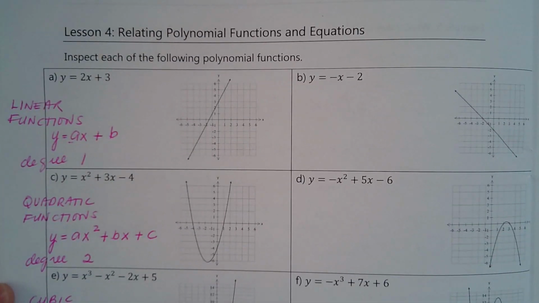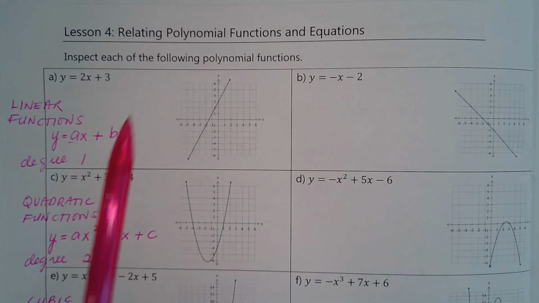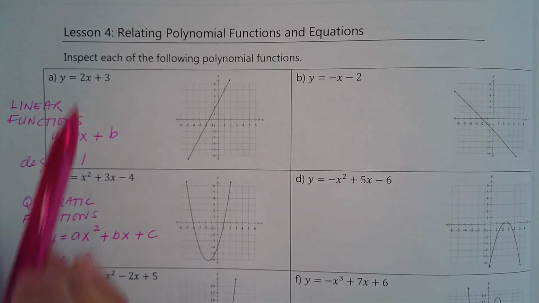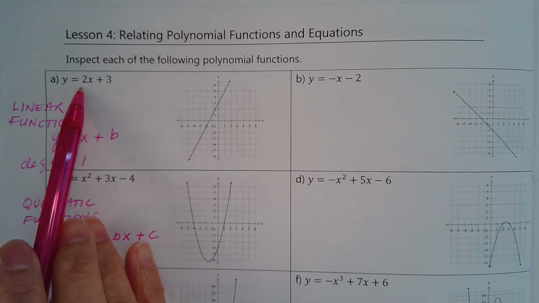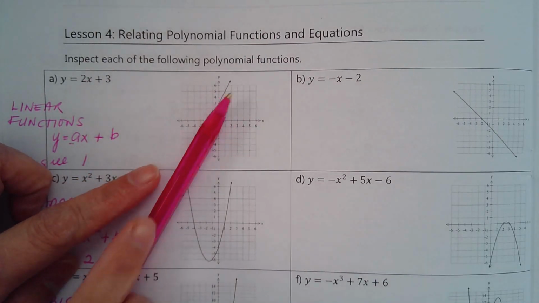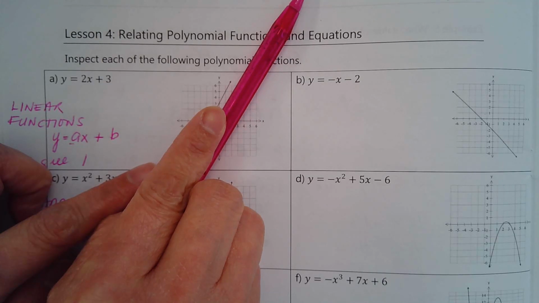Now let's take a look. The direction, yeah. Okay, let's take a look at this one. Your fellow classmate says it gives the direction of the graph, right? Here, this is a positive leading coefficient. Where's the direction of the graph? It's going this way, right? It increases to the right.